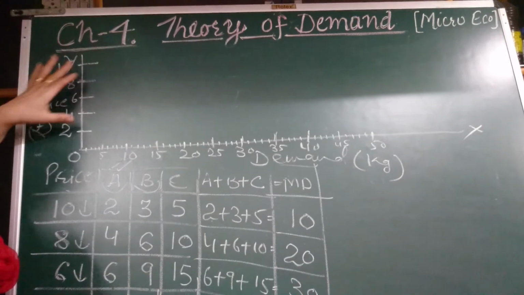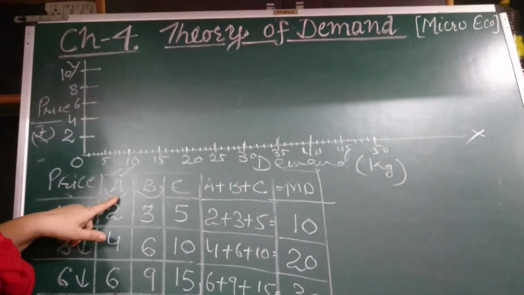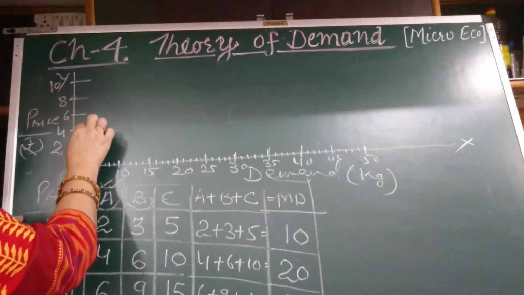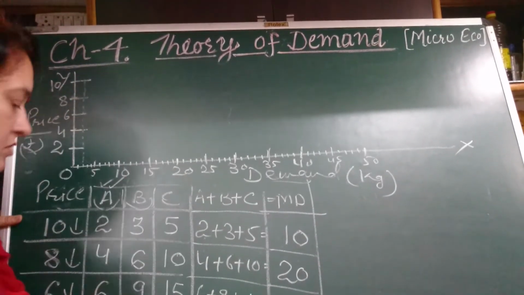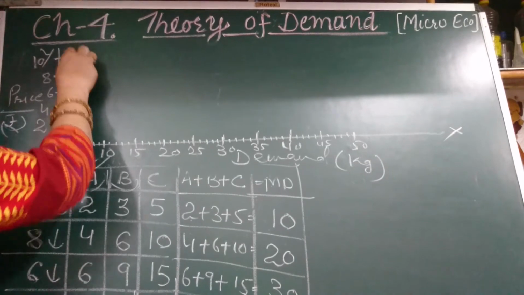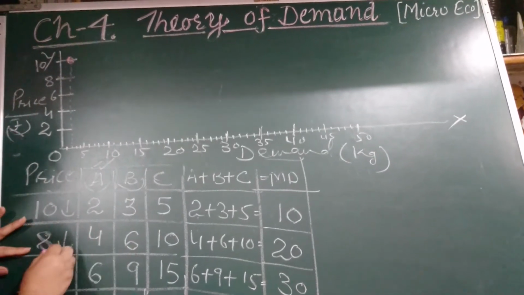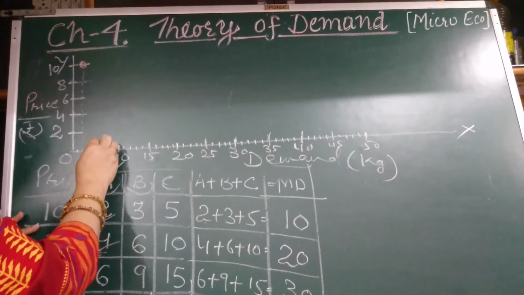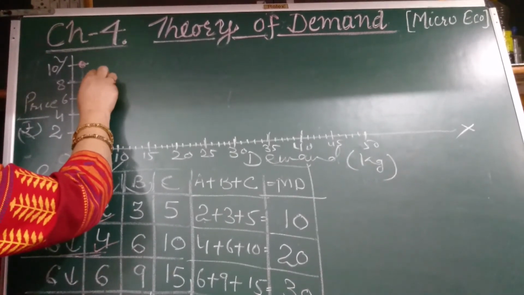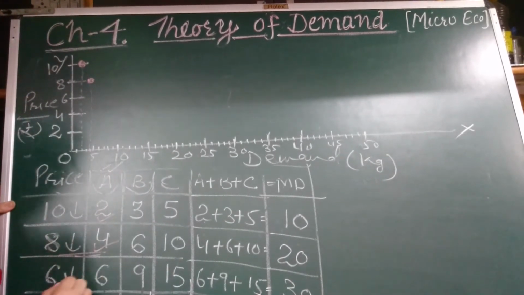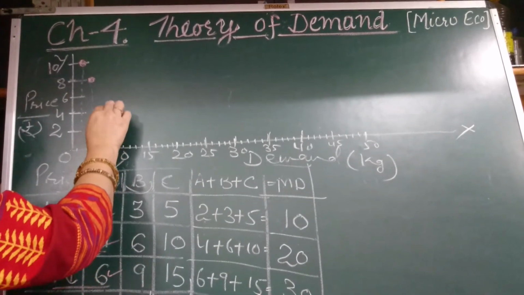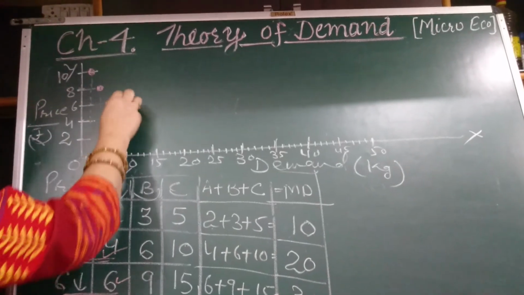First of all, we will prepare A consumer's demand at the rate of 10 rupees. A consumer's demand is just for 2 kilograms. At the rate of 8 rupees, A consumer's demand is 4 kilograms. At the rate of 6 rupees, A consumer demand is just for 6 kilograms.